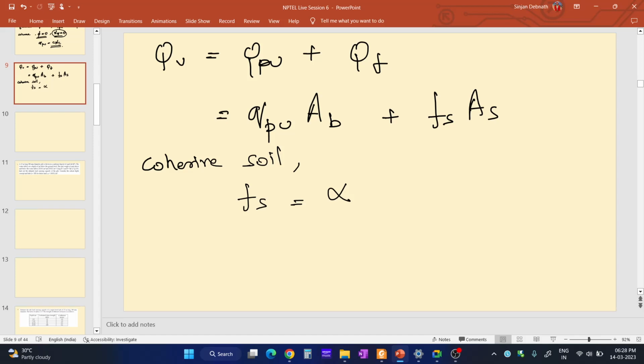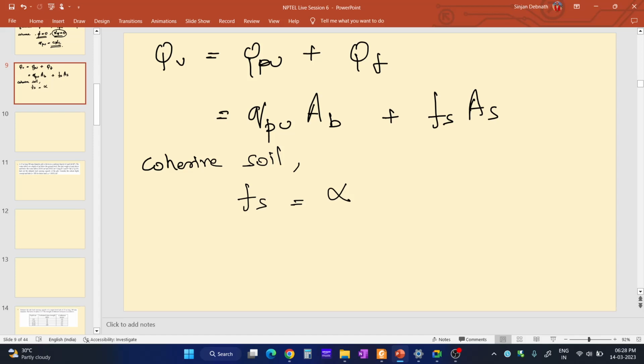But if we construct a pile, since the pile is of a different material, the forces of attraction between the soil particles and the pile, we call adhesion, not cohesion. And it is generally lower than that of the cohesion.